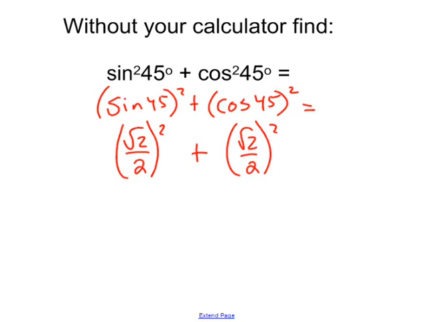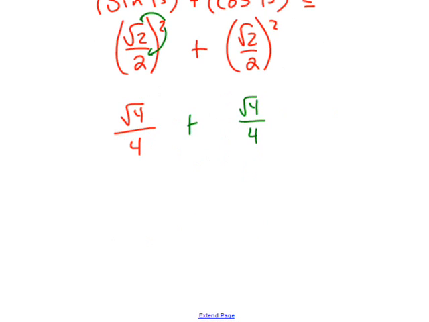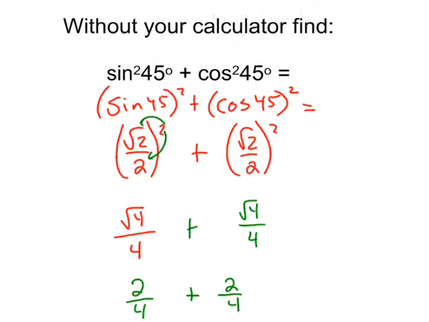So you square the square root, so root 2 over 2 squared is going to be the square root of 4 over 4, and this is also going to be the square root of 4 over 4. We know the square root of 4 is 2, so we have 2 fourths plus 2 fourths, which is 4 fourths, which again is 1. So we have just shown that sine squared of 45 plus cosine squared of 45 is also 1.